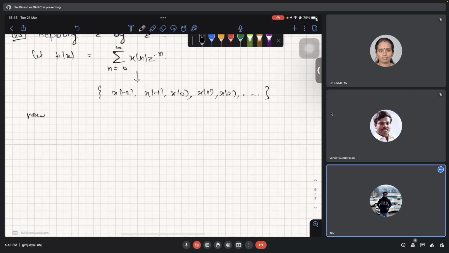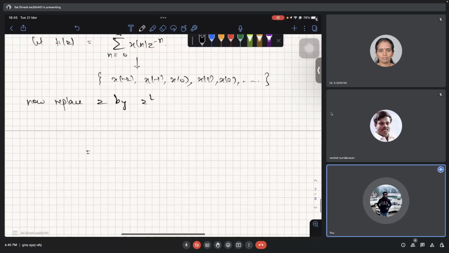Now replace z by z power l. So now what do we have? x of n z power minus ln, from n equal to 0 to infinity.